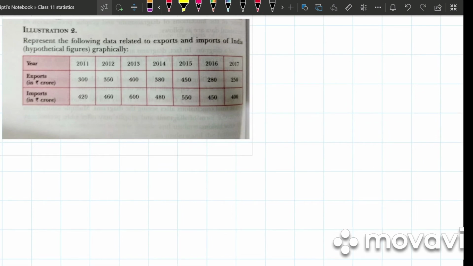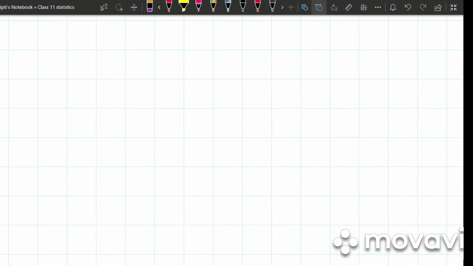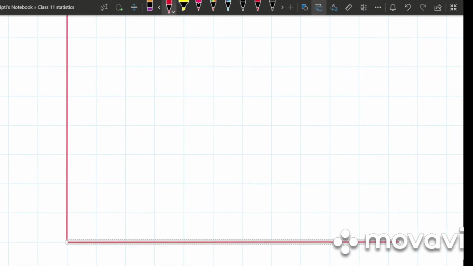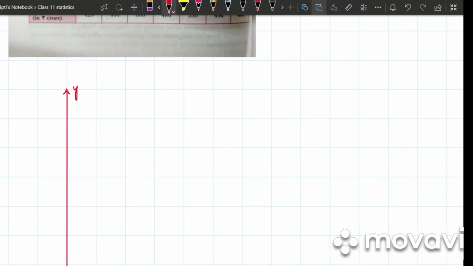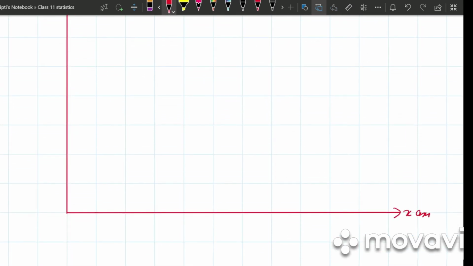Let's go on to illustration 2. Represent the following data related to export and import of India graphically. So they have given us export and import. So this is a 2 variable diagram. We have y-axis, we have x-axis.